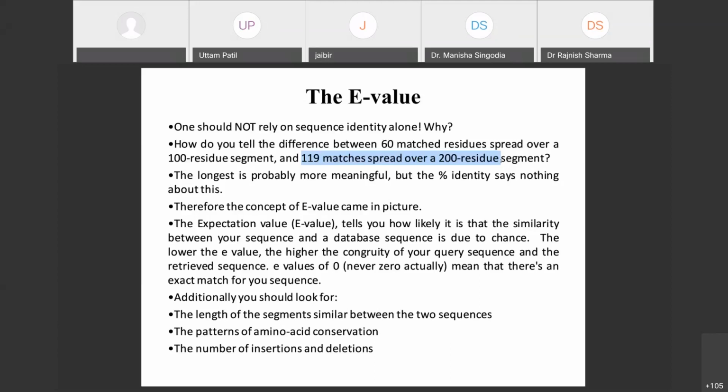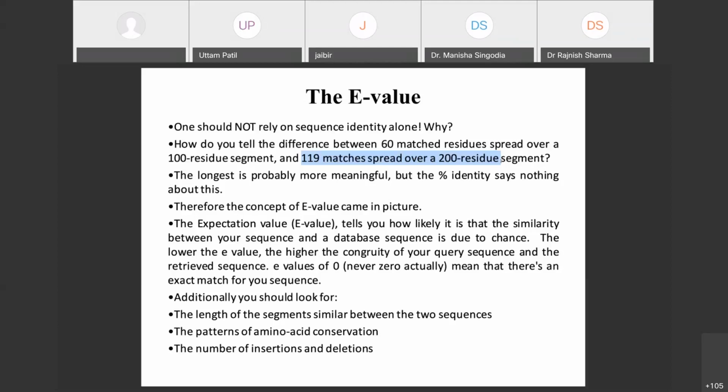This tells you exactly how likely it is that the similarity between your sequence and a database sequence is just due to chance. If you have a sequence in hand and you are seeing certain sequences in a database of a certain size which are similar to your sequence, then using e-value you can say what the chance is that the sequence is really similar or not.